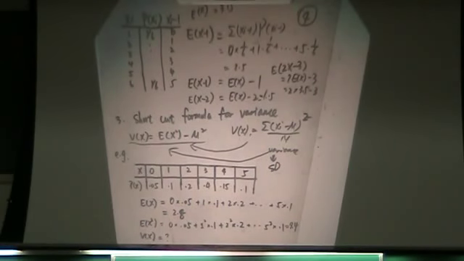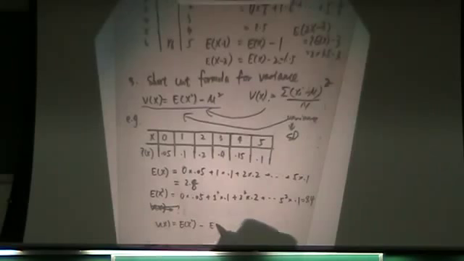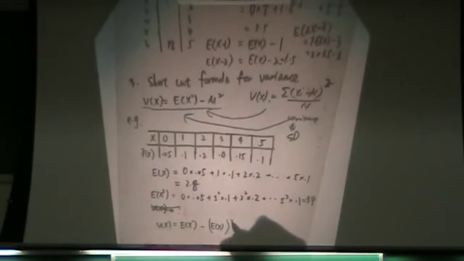Basically, we build the foundation. It's very simple things left. For the variance, it's just E[X squared] minus E[X] squared.